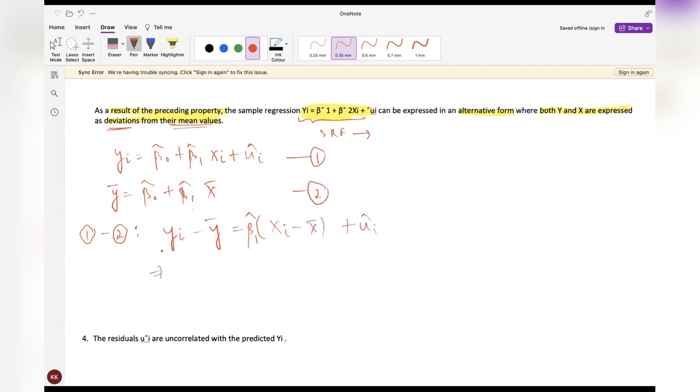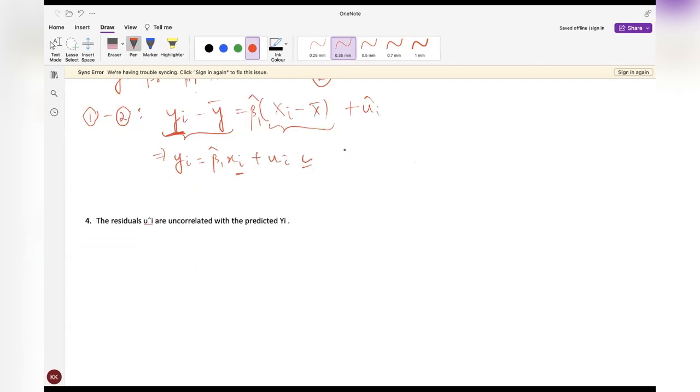So this is the deviation of y from its mean, and this is the deviation of x from its mean. We can express it as small yi is equal to beta 1 hat into small xi plus ui hat, where small xi is equal to xi minus x bar and small yi is yi minus y bar, their respective deviations from means.